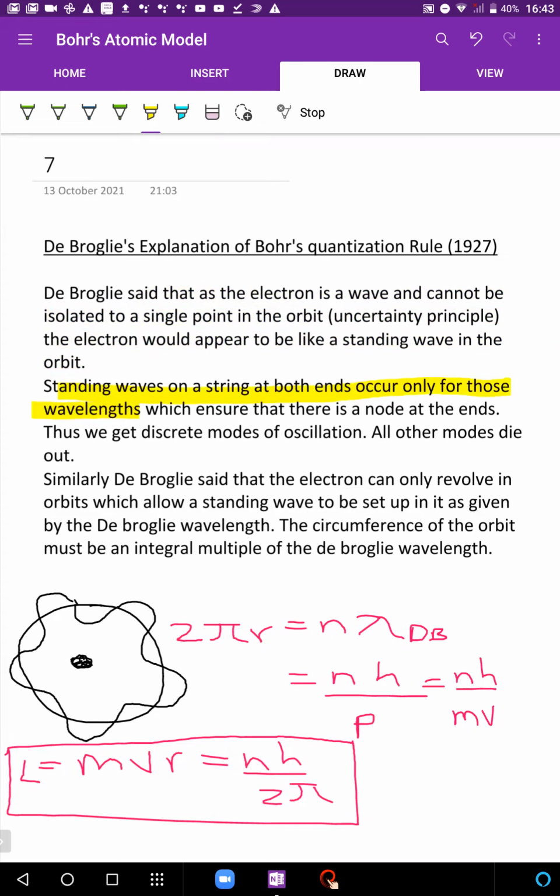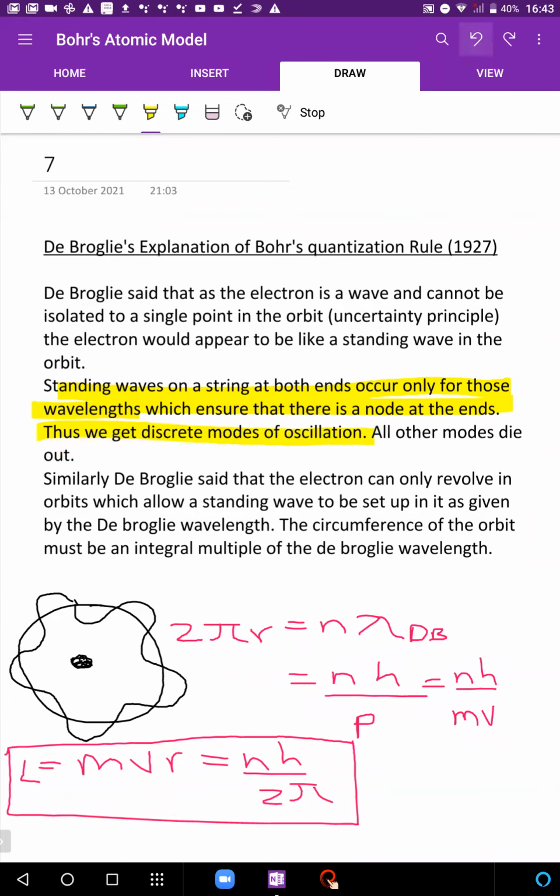There are certain modes of oscillation. Standing waves occur only for those wavelengths which ensure that there is a node at the end. Thus, we get discrete modes of oscillation. All other modes die out, right?